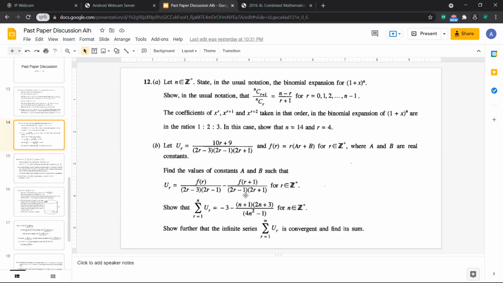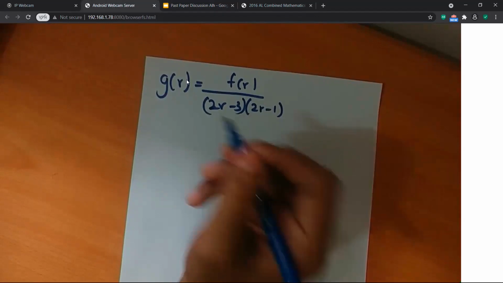So now what is g(r)? We already know what f(r) is. So we can write a term called g(r). g(r) is equal to this first term, f(r) over (2r minus 3) times (2r minus 1). f(r) is equal to this.